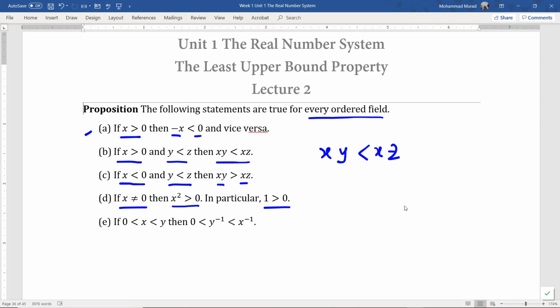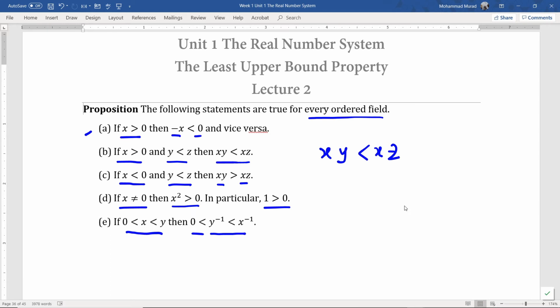Statement E reads: if y is bigger than x, bigger than 0, then their multiplicative inverses reverse in order. It means the multiplicative inverse of y becomes smaller than the multiplicative inverse of x, but both remain positive.